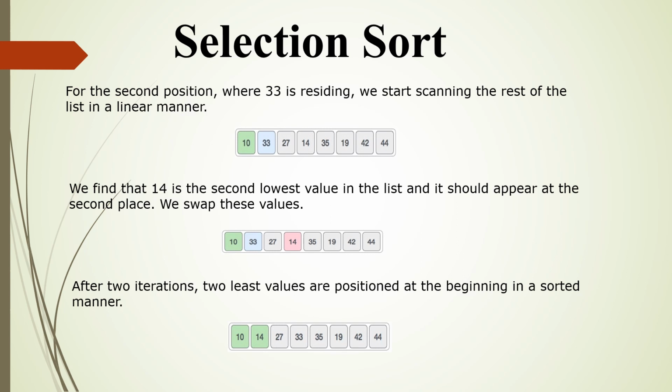We select the second smallest value from the unsorted list, that is 14. So we swap 14 with 33. In this way 14 reached its second position, and now the sorted list is 10 and 14, and the unsorted elements in the list are 27, 33, 35, 19, 42 and 44.